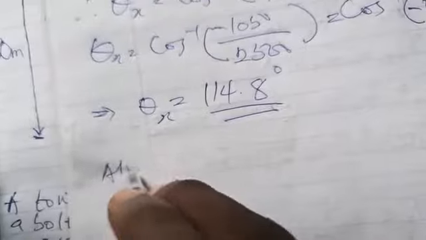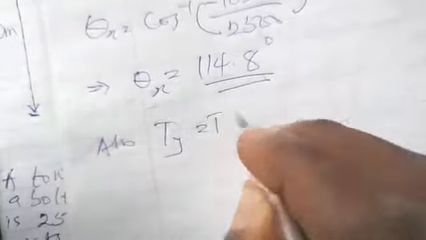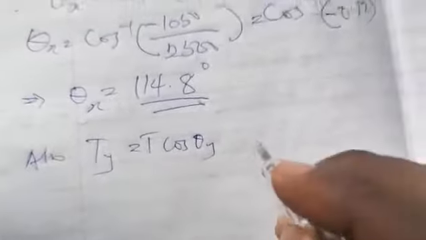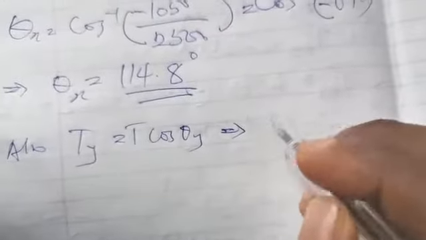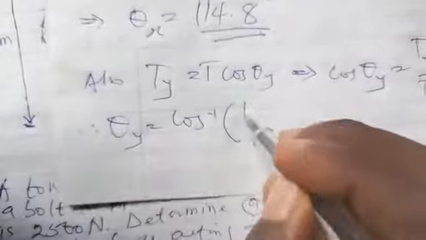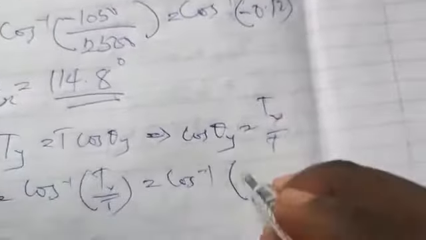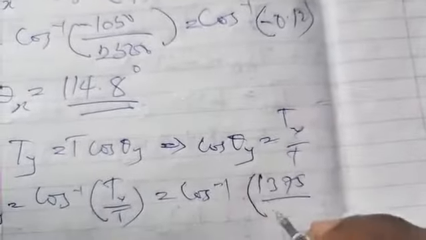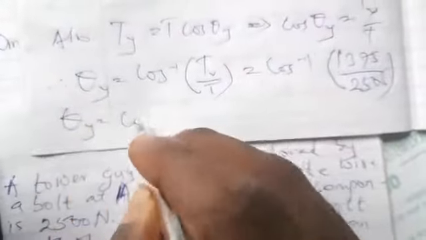Also, Ty is simply T cos theta y. So cos theta y is Ty over T, and therefore theta y becomes cos inverse of Ty over T. Ty is 1375 and T is 2500, so theta y is cos inverse of 1375 by 2500.